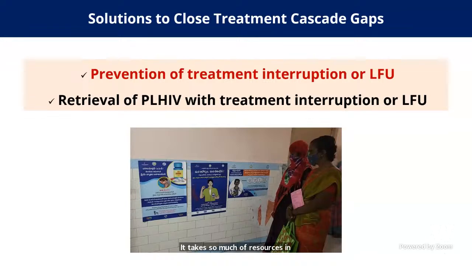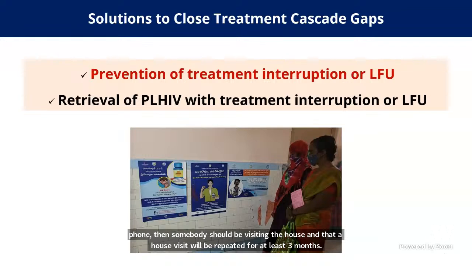Number one, the ART staff should keep calling the patient to understand where he is. If they cannot reach him over the phone, then somebody should visit the house, and that house visit will be repeated for at least 3 months. So these are all the resources that we are investing in getting back one patient.